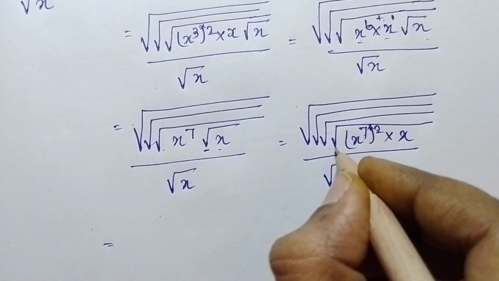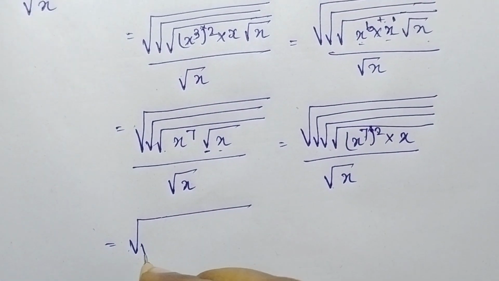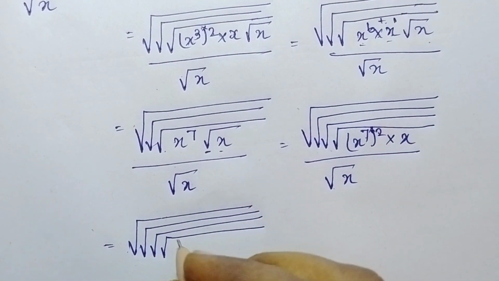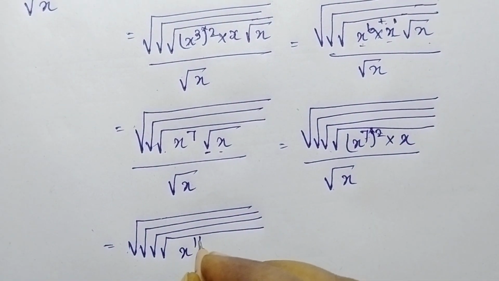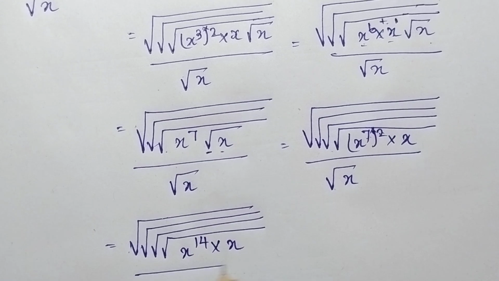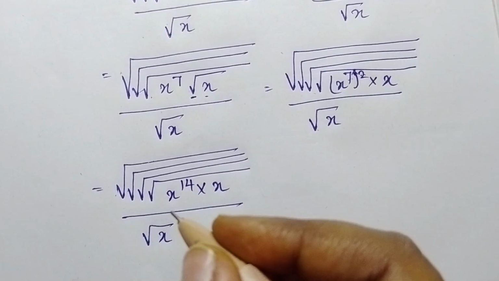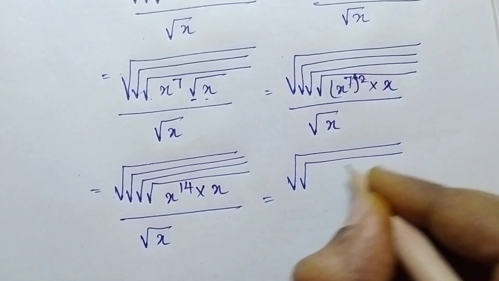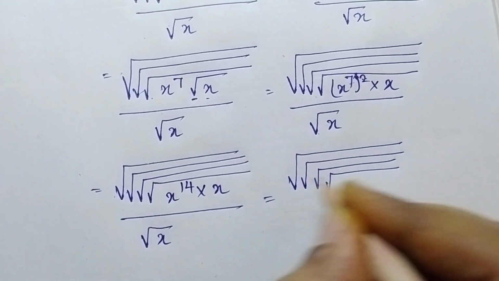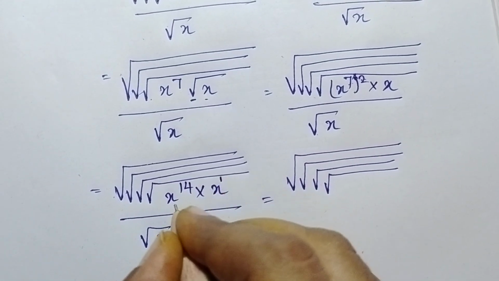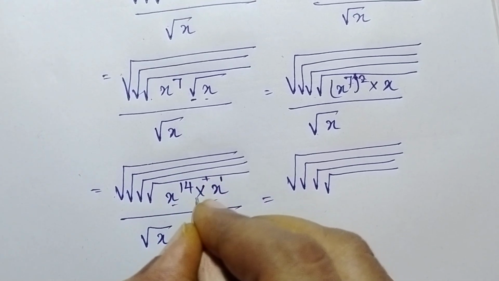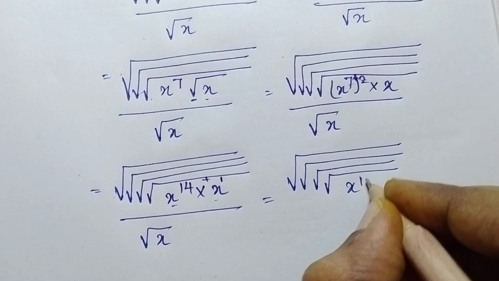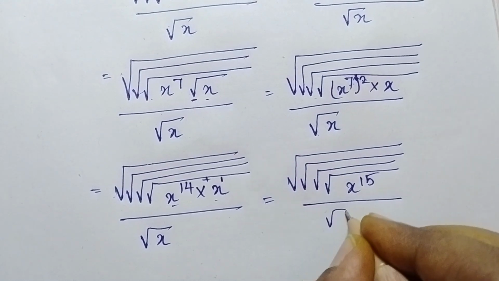So here 4 roots exist. X power 14 into x divided by root x. Which is equal to 4 roots, x power 1 is here. The base is same, the power gets added in multiplication. So 14 plus 1 is 15: x power 15 divided by root x.